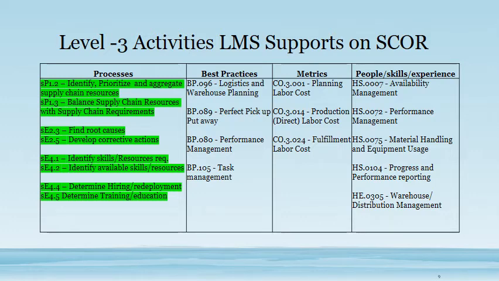Some of the best level 3 activities or processes supported by LMS are SP 1.2, identify, prioritize, and aggregate supply chain resources; SP 1.3, balance supply chain resources with supply chain requirements; SE 2.3 and 2.5, which are find root causes and develop corrective actions; SE 4.1 and 4.2, which are identifying skills, resource requirements, and identifying the available resource and skill resources; and SE 4.4 and 4.5, which are determining hiring and redeployment, and determining training and education.